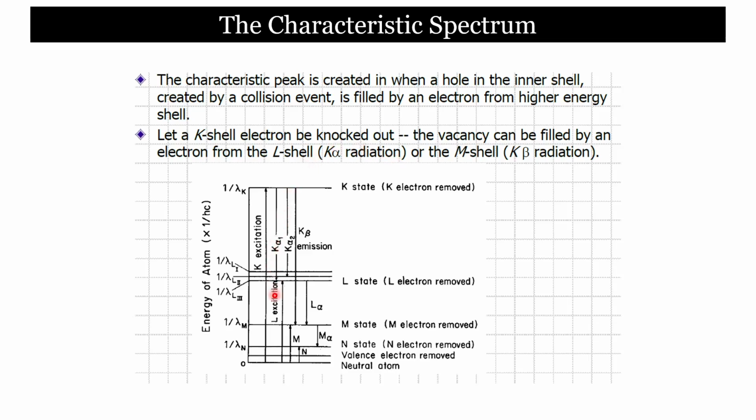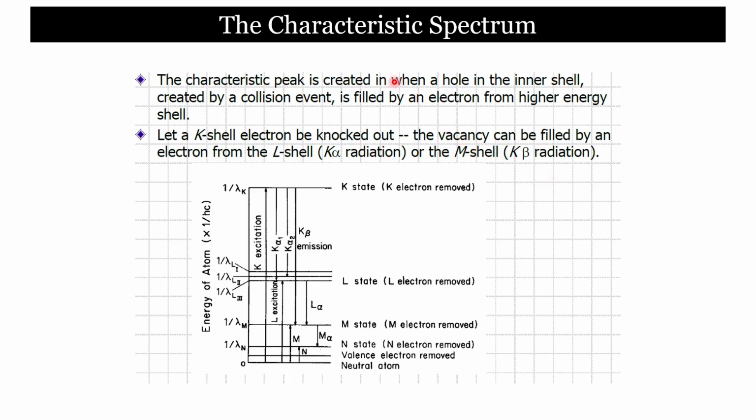So this is basically just a representation, and the maximum energy will be of K alpha. You can have your vacancy filled from different shells, and depending upon the shell which fills that vacancy, you can have different radiations like K alpha and K beta.